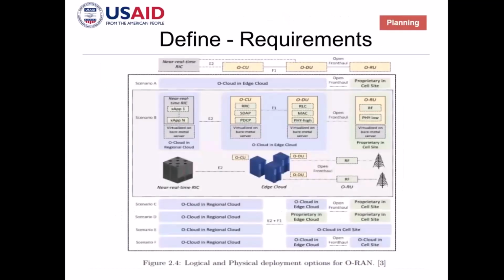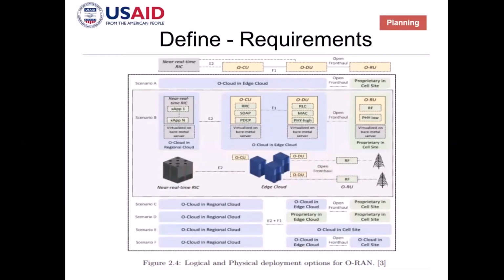So as I mentioned, I'm putting emphasis on the requirements because the planning would not be accurate if you have not clearly defined your requirements. So as you can see here, I've shown a diagram again of the architecture of your ORAN network. And there are so many things that you will have to list down, right?